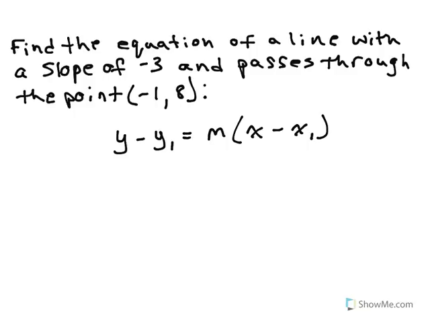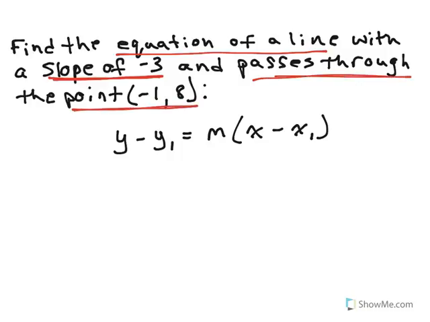For example, find the equation of a line with a slope of negative 3 and passes through the point (negative 1, 8). Using our point-slope form of an equation, we are going to replace y1 with the 8.